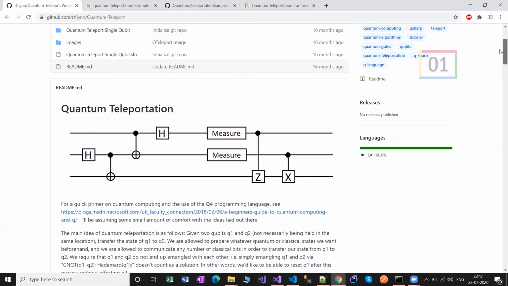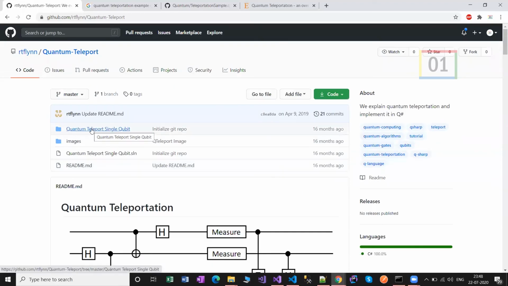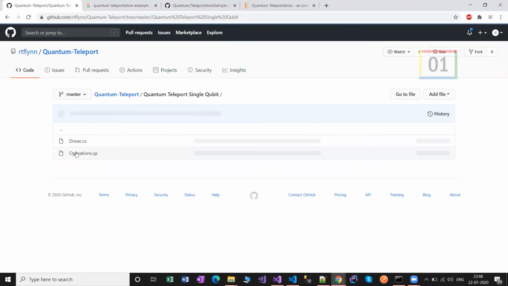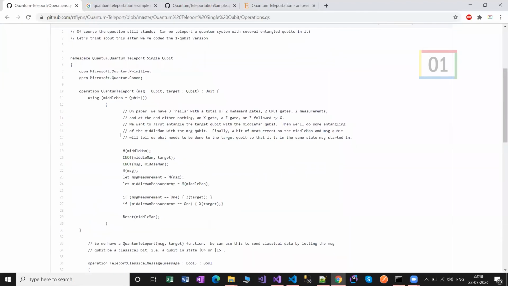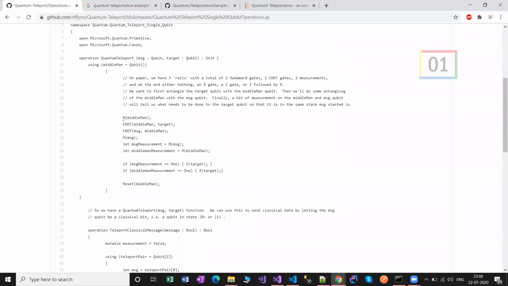Let's see the example of how they have written it in Q#. Here, this is called superposition, and CNOT is an entanglement of both. Similarly, this is called the entanglement.